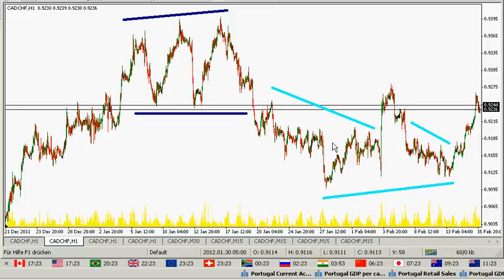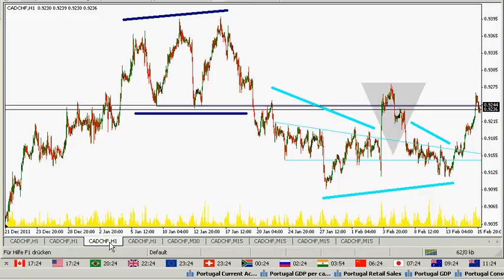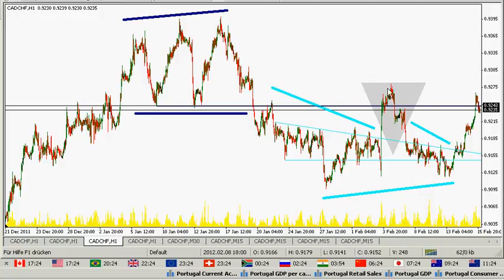Here the start of the year, and then this downside trend. And here perhaps top or bottom again, and here the failed breakout once again. So I'm painting this triangle here and creating two lines in the downside trend.